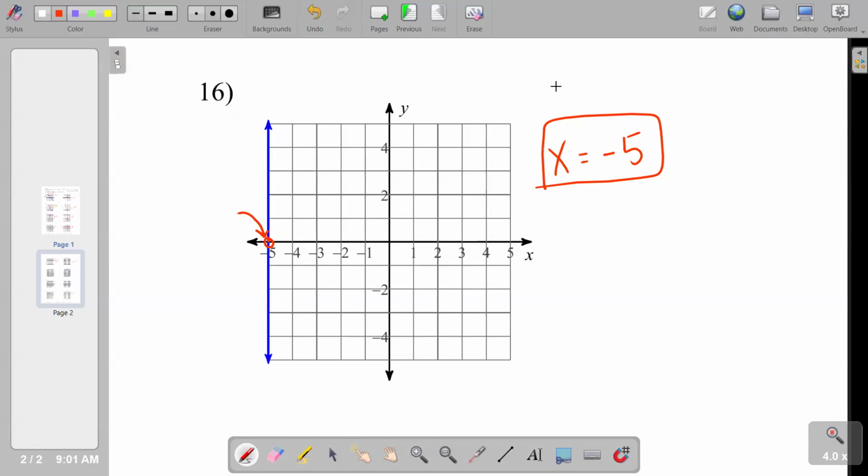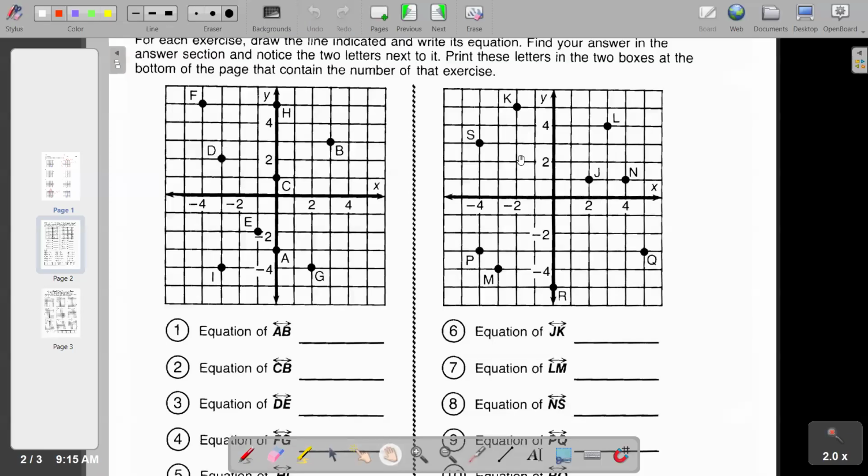I'm going to hand these out. So the first one says to write the equation of the line AB. So the first thing I'm going to do is get a ruler. Honestly, the ruler thing isn't as important on every problem, but it becomes important.